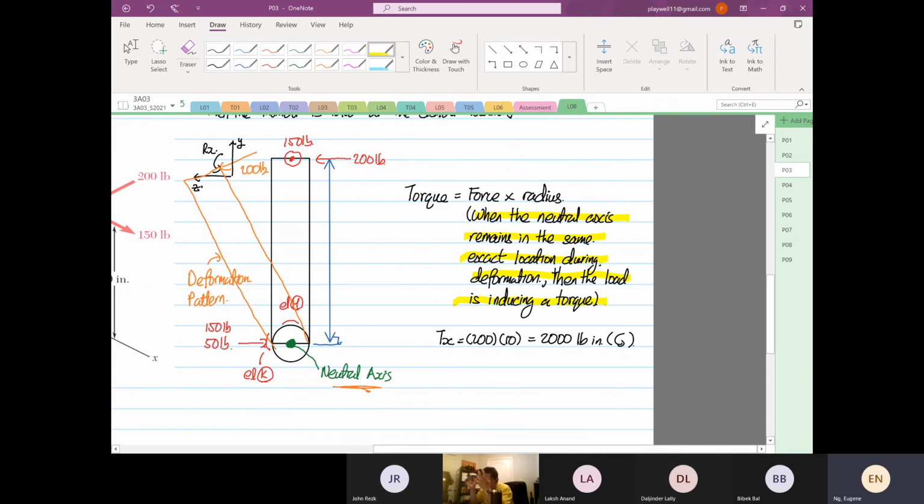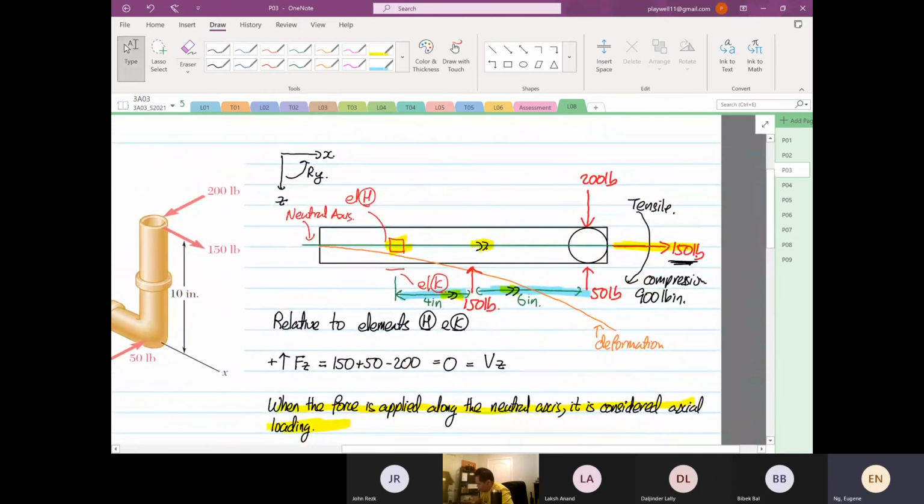So this is how you identify whether it is a moment or a torque. And the shear force is always acting what? Perpendicular to the neutral axis. So all these are all your what? Shear forces.